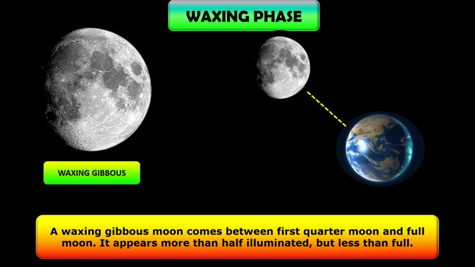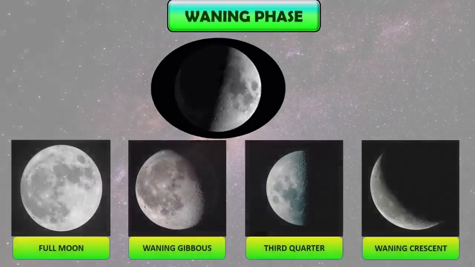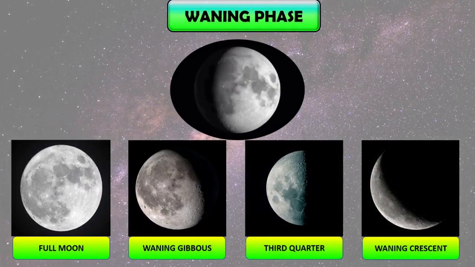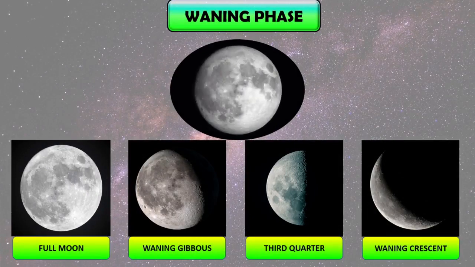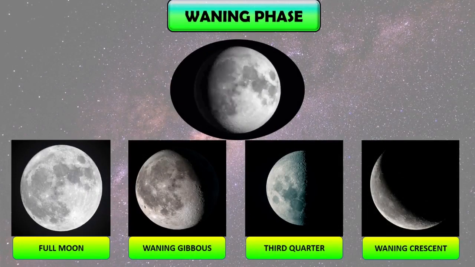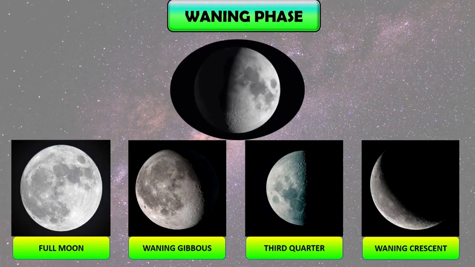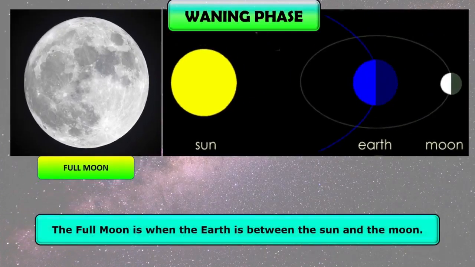So we have studied about the waxing phases of the moon. Now let us move towards the waning phases of the moon. The full moon is the biggest, brightest and the easiest phase of the moon to see.